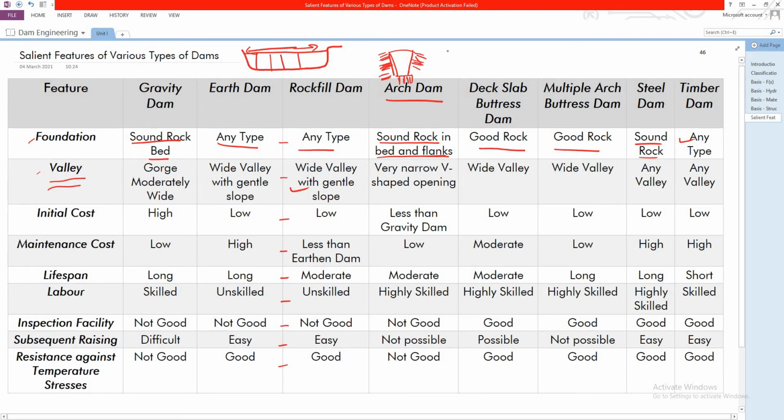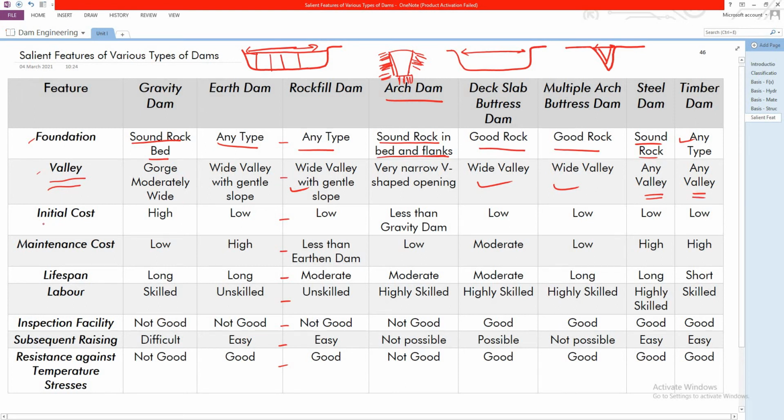For example, if it was the case for gravity dam, see, the width of valley, the width of opening is too high, but in case of an arch dam, the valley shape should be like a V and the width of opening should be very narrow. In case of deck type buttress dam and multiple arch type buttress dam, wide valleys are required. And in case of steel and timber, you can go with any type of valley shape.